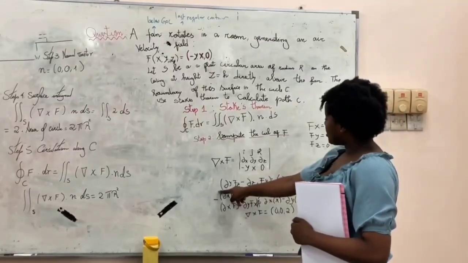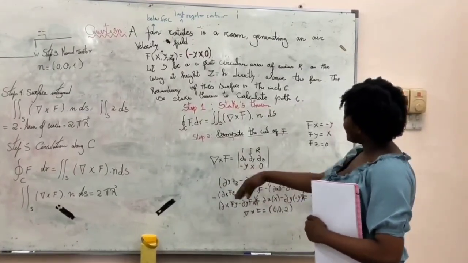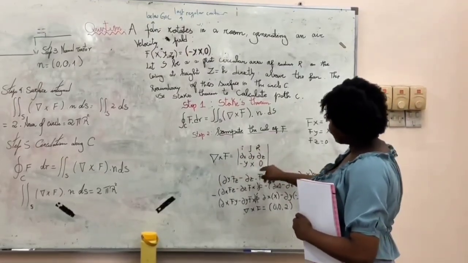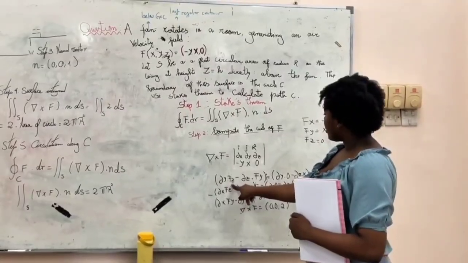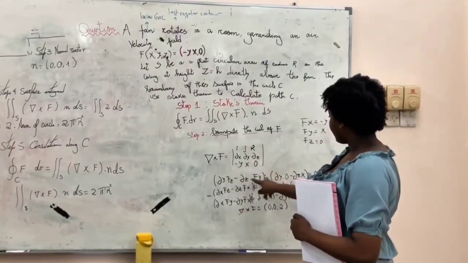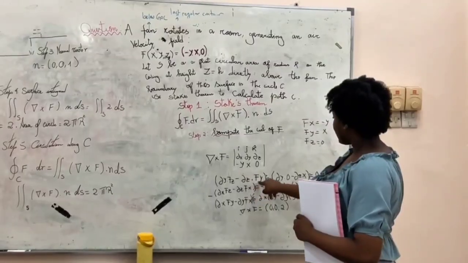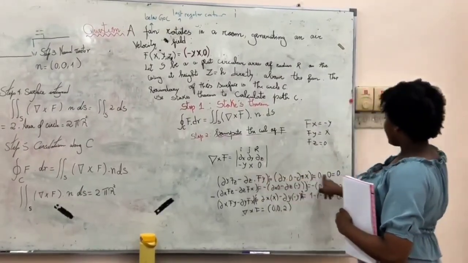First we determine the components. We just need to cover this part and this part, and here we have partial derivative of y times F of z, which is 0, minus partial derivative of z times F of y, which is x. And now we have 0.